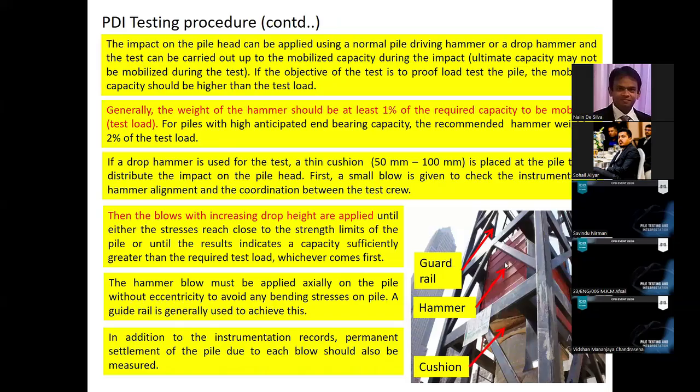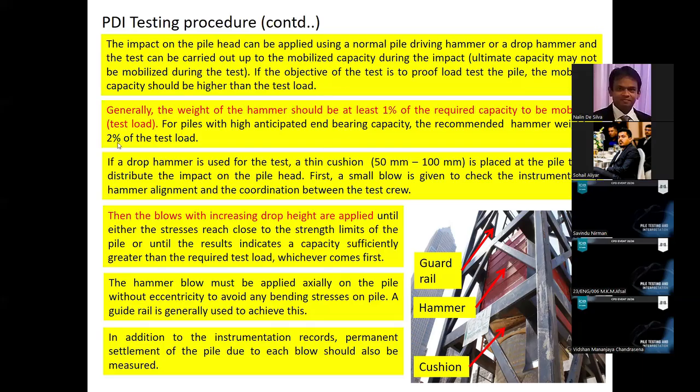So the hammer is shown here. The weight of the hammer is usually taken as equal to 1% to 2% of the test load. So let's say you are planning to test the pile for a test load of 10,000 kilonewtons. You need to have a weight of 100 kilonewtons to 200 kilonewtons. That means 10 tons or 20 tons. A hammer is needed, right?